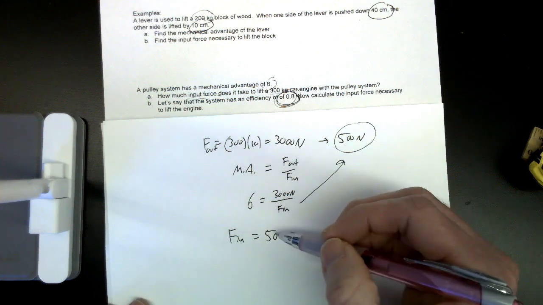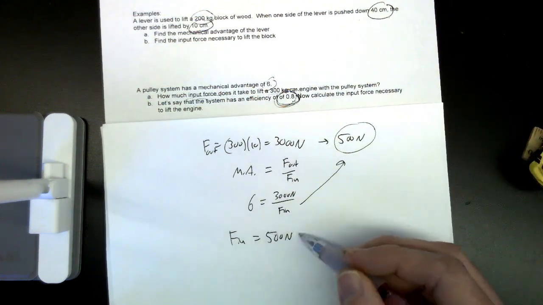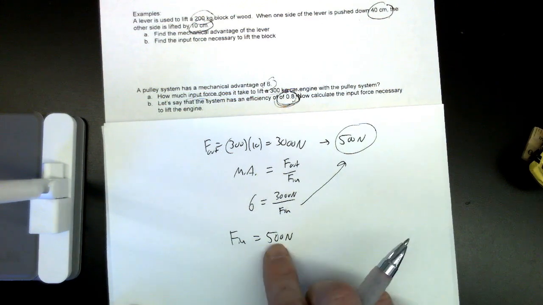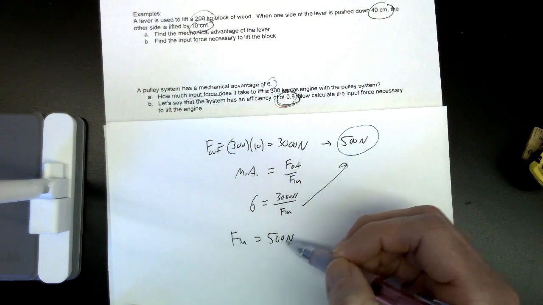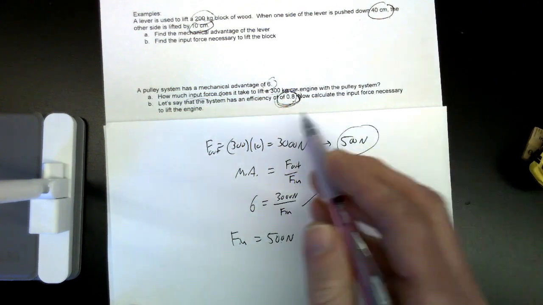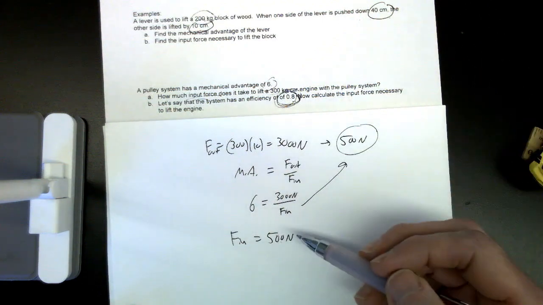So how can I take 500 and 0.8 and multiply or divide them to get something bigger than 500? Why bigger than 500? Because friction is going to make it so I actually need more than 500 newtons to lift up this car engine, right?